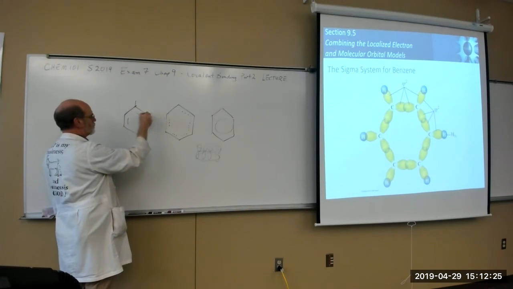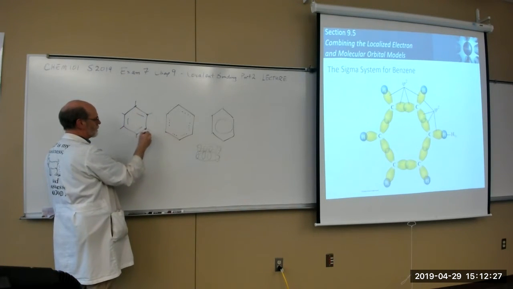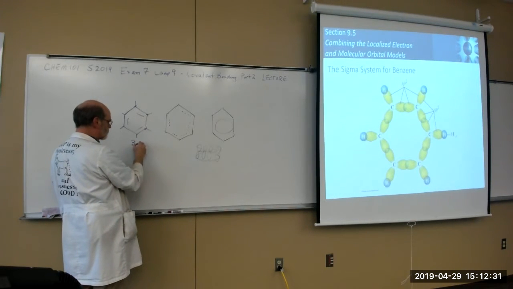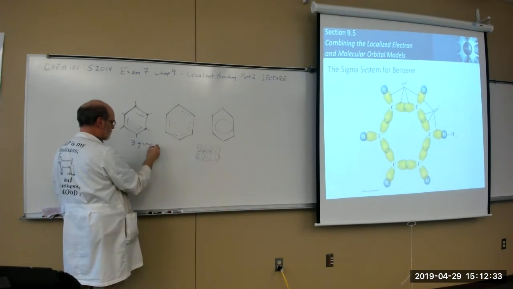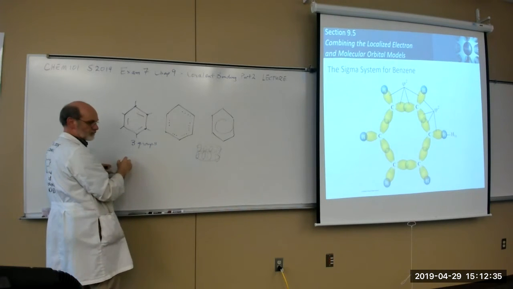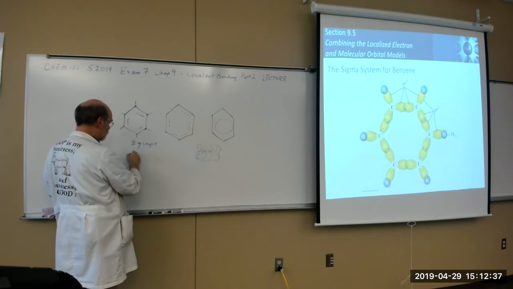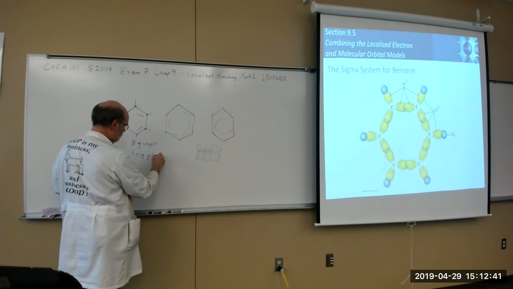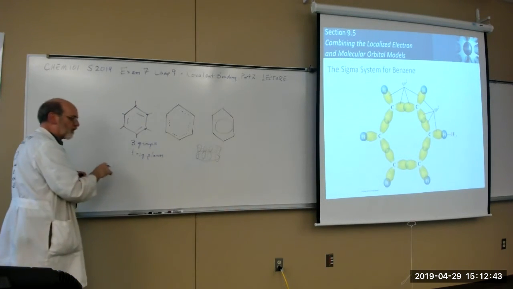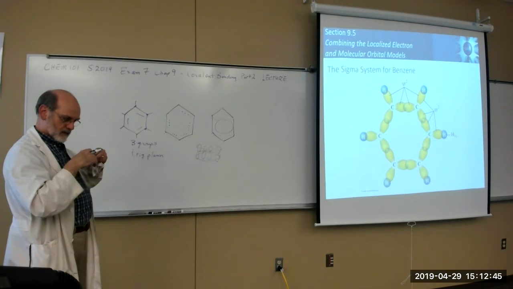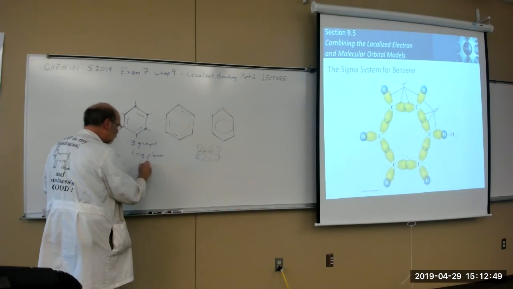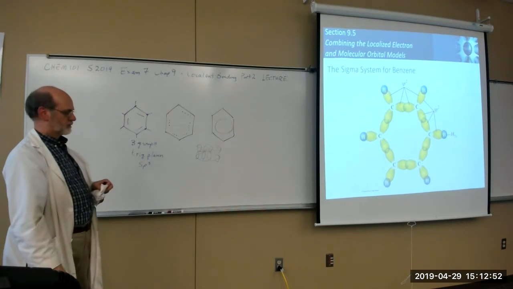Well, there's a hydrogen there at each one, so that's 1, 2, 3, right? And 3 groups equals what? VSEPR says it's trigonal planar.